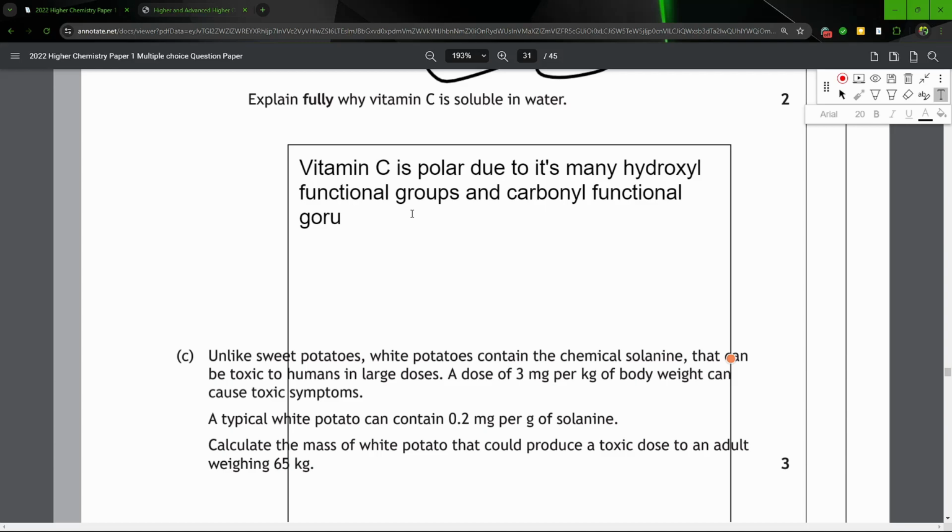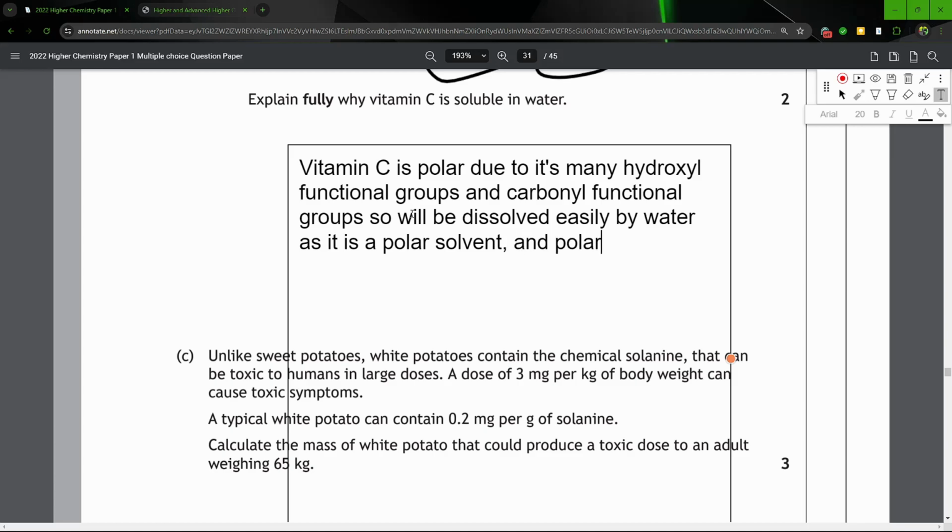It will be dissolved easily by water, as water is a polar solvent, and polar solvents dissolve polar solutes.